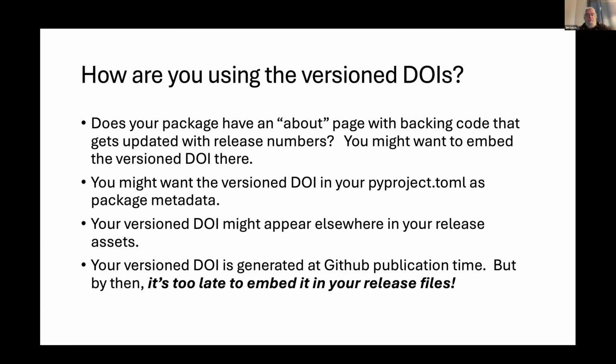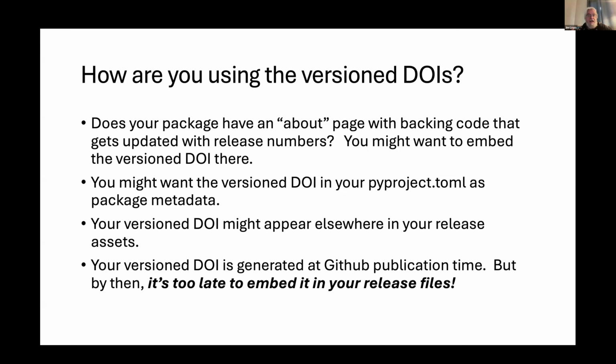That might be embedded in your source code somewhere. You probably want that versioned DOI in your pyproject.toml so that it can get included in your project metadata, so it would show up on your PyPI landing page. And possibly there are other places in your release assets where that versioned DOI might want to appear.